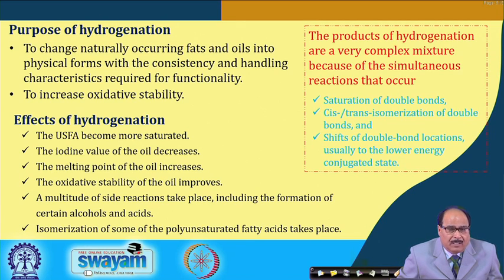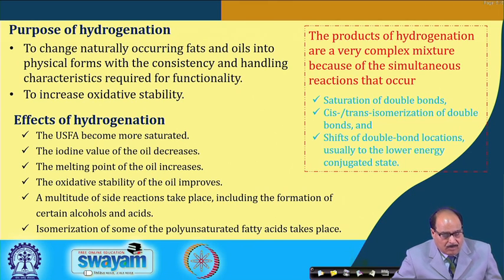So, the iodine value of the oil generally reduces, the melting point of the oil increases, and the oxidative stability of the oil improves. At the same time, during the hydrogenation process a multitude of side reactions take place, including the formation of certain alcohols and acids, and some polymerization or isomerization of the polyunsaturated fatty acids may also take place.